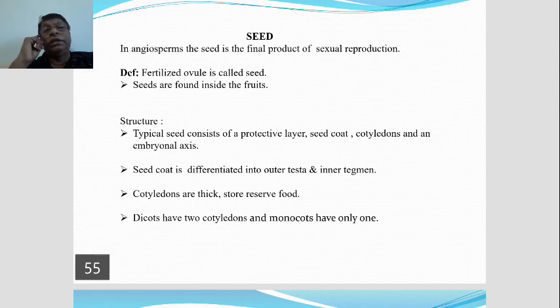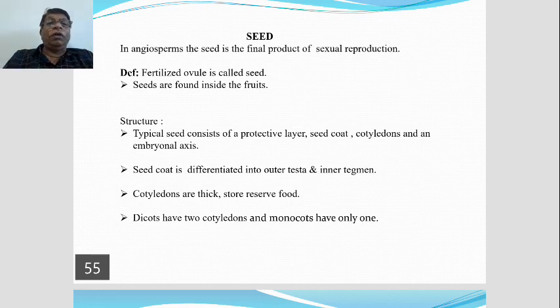Next part is seed. In angiosperms, the seed is the final product of sexual reproduction. What is the meaning? After sexual reproduction, first the seed is formed.